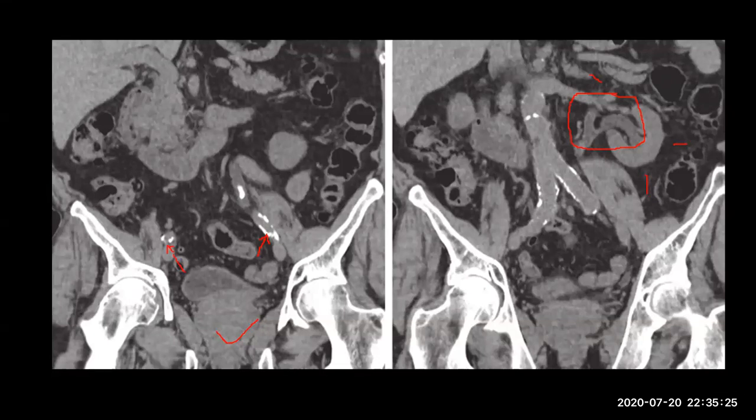You see the calcification on the adventitia layer of the artery. Above it, this is the dilated ureter. You see the ureter here, and the stone, the calculus, in the middle of the lumen of the left ureter.